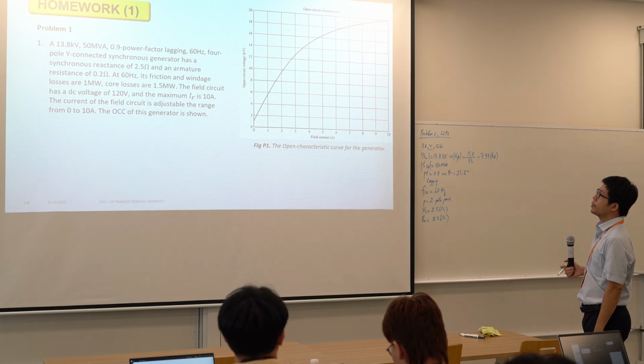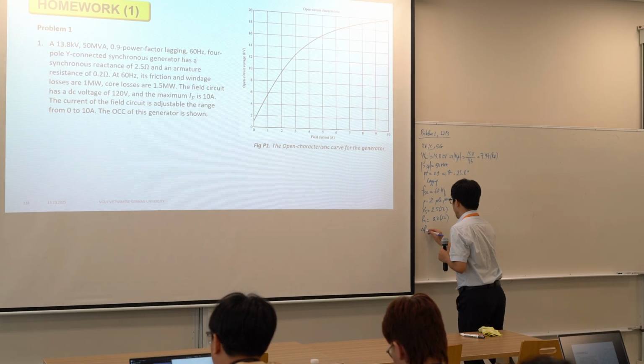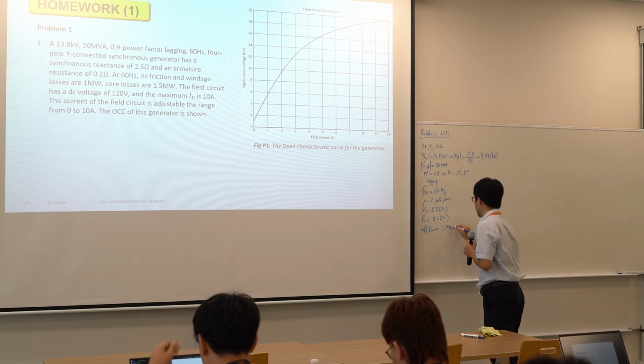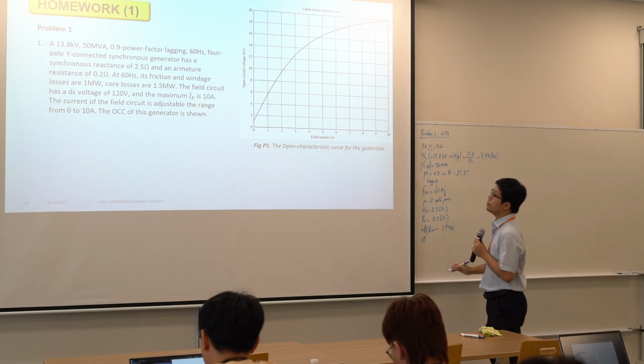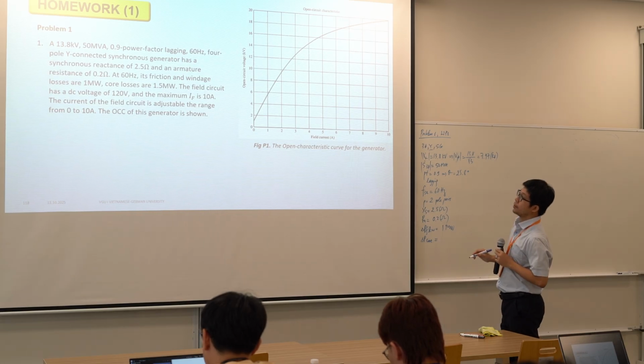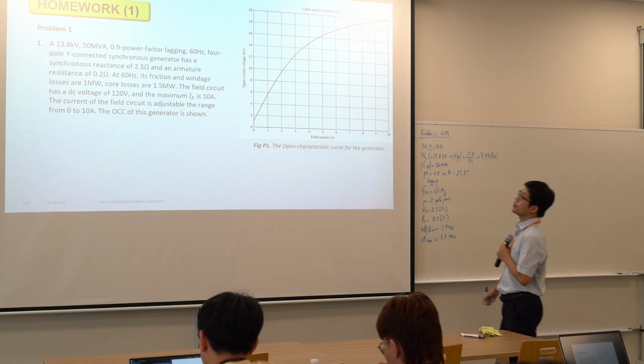What else? We have friction and windage loss, 1 megawatt, and core losses, 1.5 megawatt.